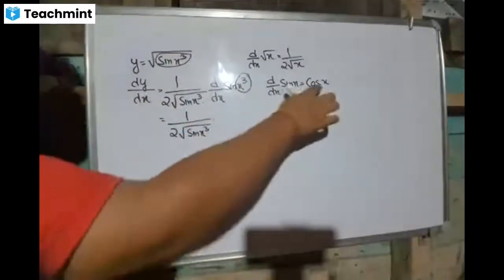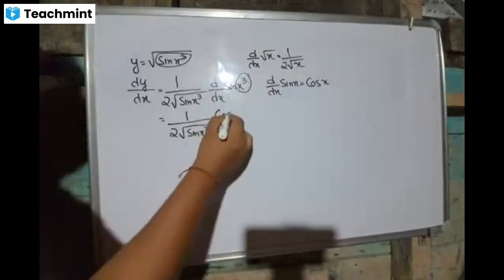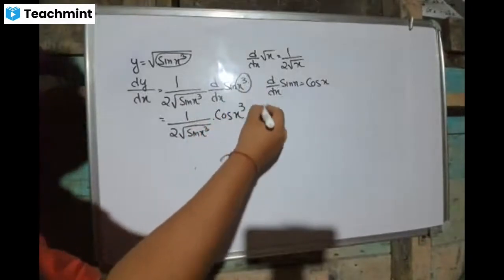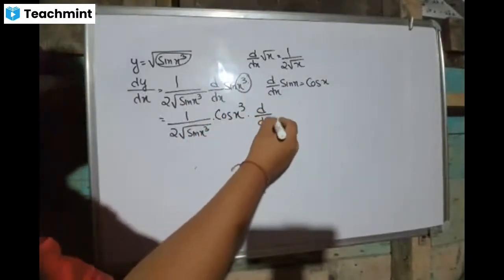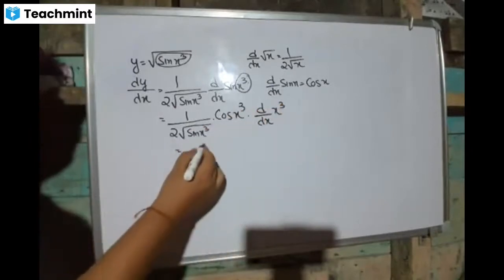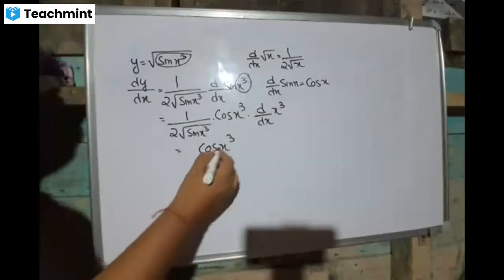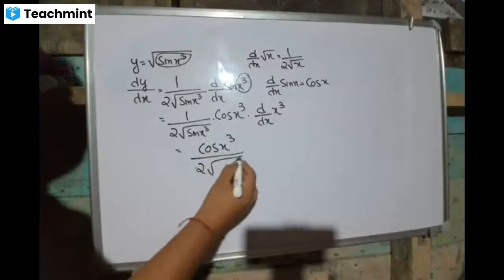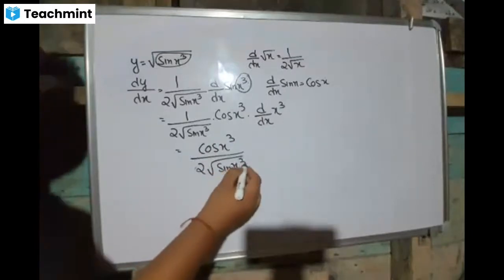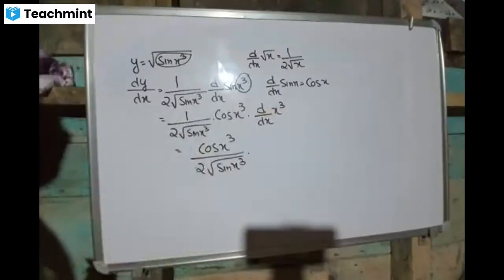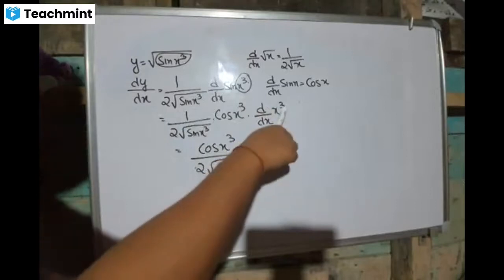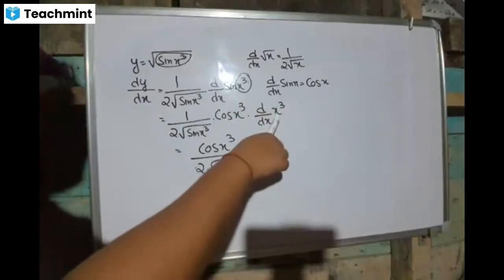So sine x को derivative की रही cos x. So it's going to be cos x, but this is just an assumption. So d by dx of x cube. So what do you get? Cos x cube divided by 2 under root sine x cube into derivative of x cube. Formula number 1, everyone. If the power is a constant, the base has to be x, and it is x.